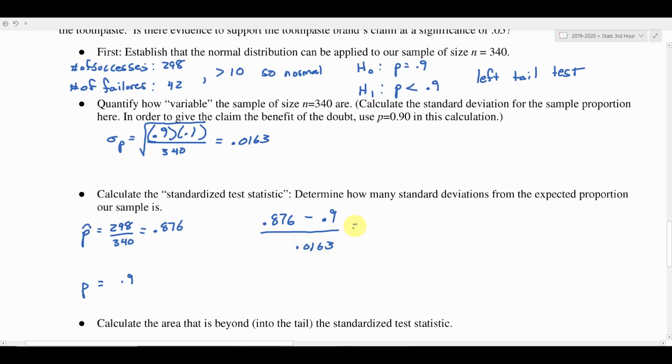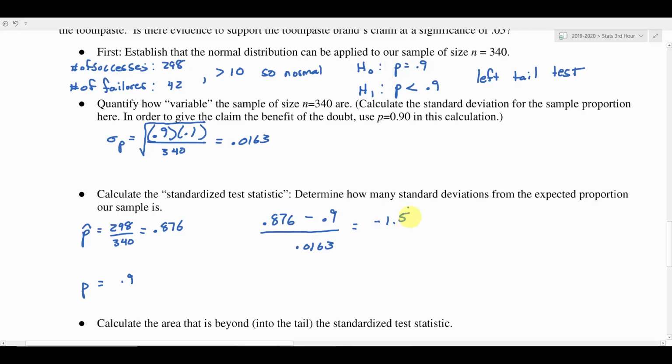And this will tell me how many standard deviations away I am. And I got a negative 1.5 when I did that calculation. So I'm thinking back to the beginning of the semester, and I'm thinking we typically considered things to be unusual once we were more than 2 standard deviations away. This is 1.5, so I want to take a look at the probability of being that many standard deviations away.